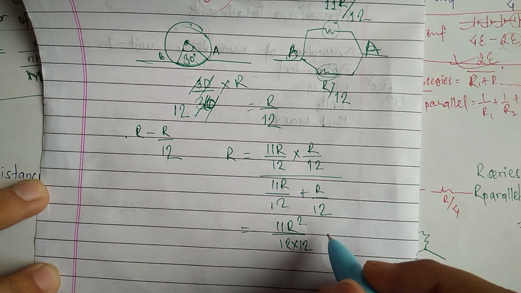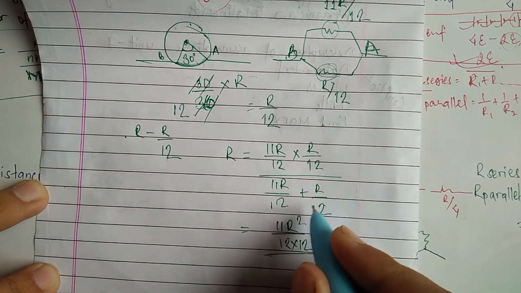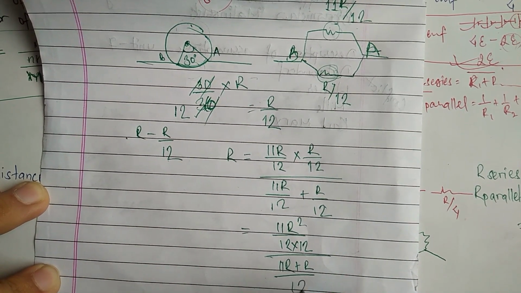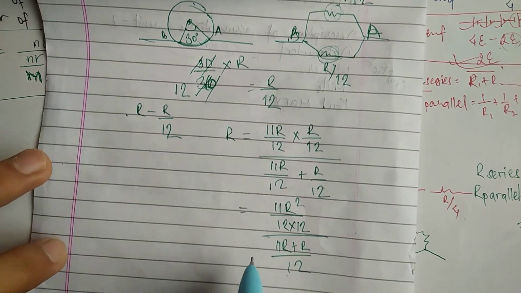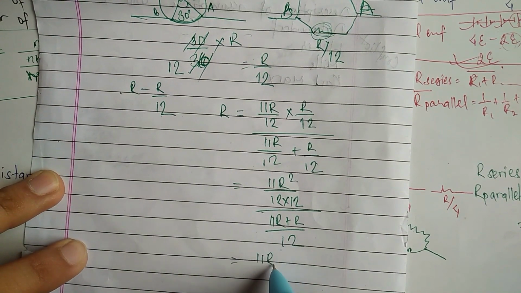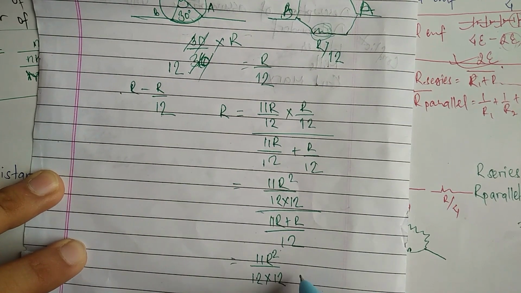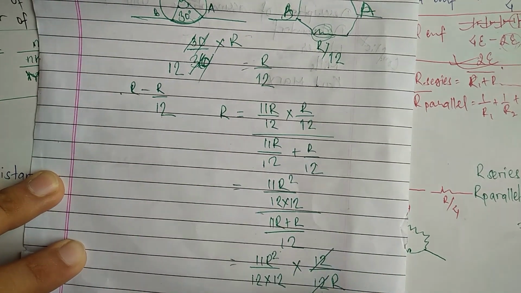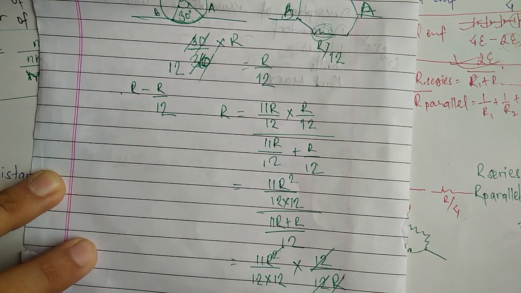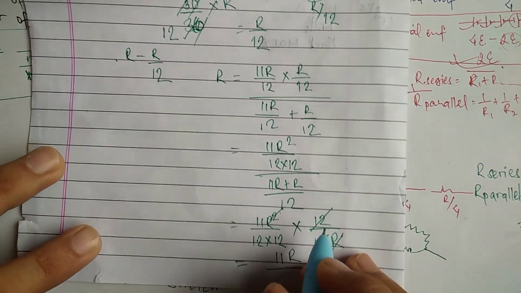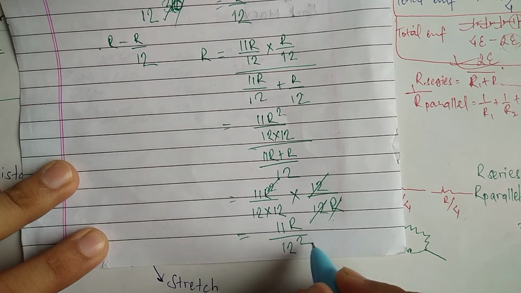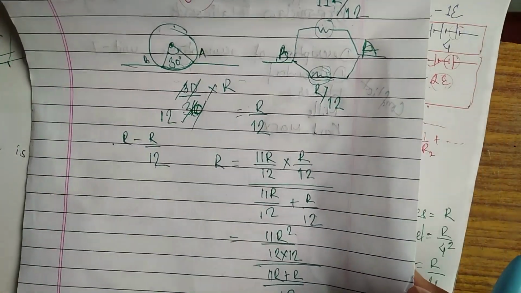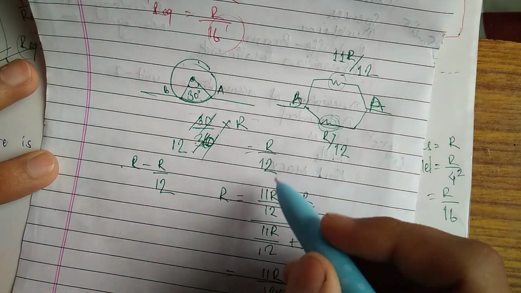Taking 12 common in the denominator, 11R plus R by 12, so it will be 11R square by 12 into 12 into 12 by 12R. So 12 cancels, R cancels, and it will be 11R by 12 square. Well, this is the process, but I'll give you a formula and it will be easy.